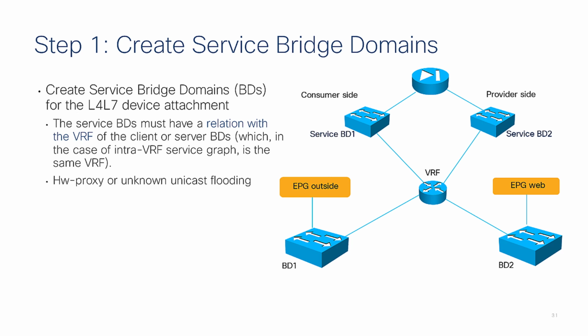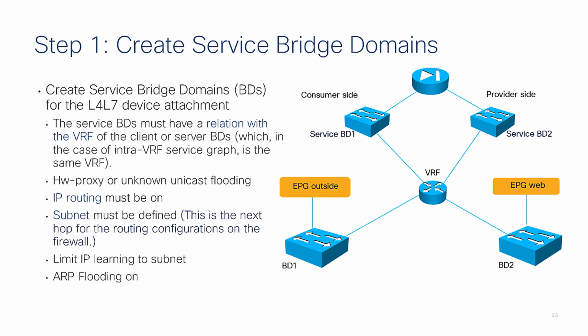The BD can be configured for hardware proxy or non-unicast flooding. IP routing must be on. A subnet must be defined, and the subnet is where the routes of the firewall point to.